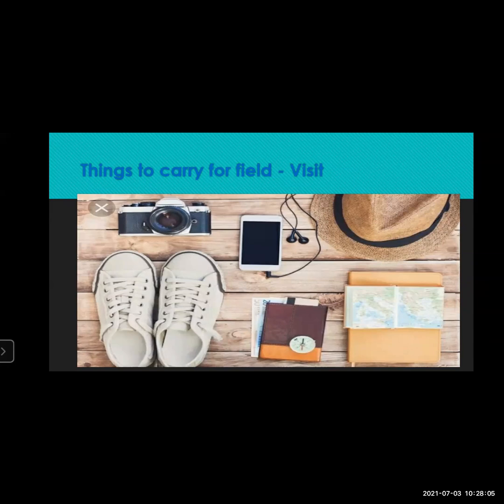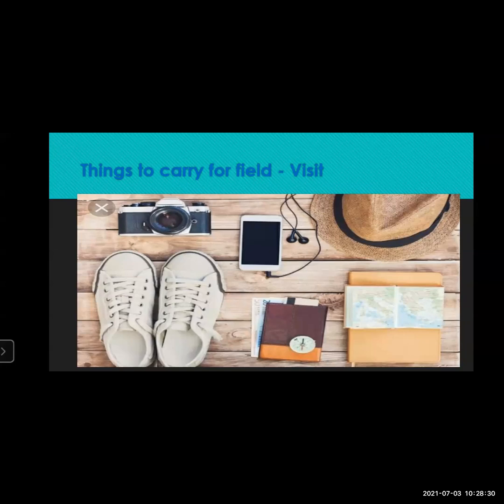Now, what things are you going to carry? You're going to carry a notebook, then a questionnaire, a set of questions, then a pen, a pencil, a scale, a tape, a compass. Now, why the scale and tape? Scale and tape are taken to measure something. So you can measure something and note it down in your book.